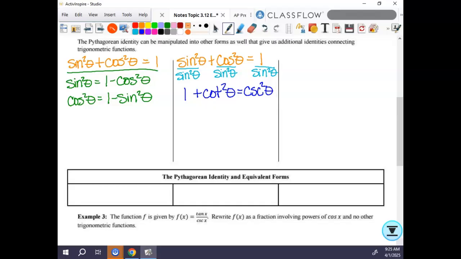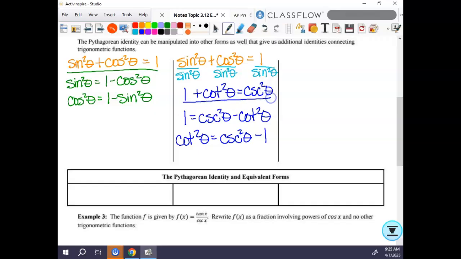Again, here, most formula charts would probably just have this one, but I could have 1 equals cosecant squared theta minus cotangent squared theta. Or maybe I have cotangent squared theta equals cosecant squared theta minus 1. And that's just by rearranging this one right here.